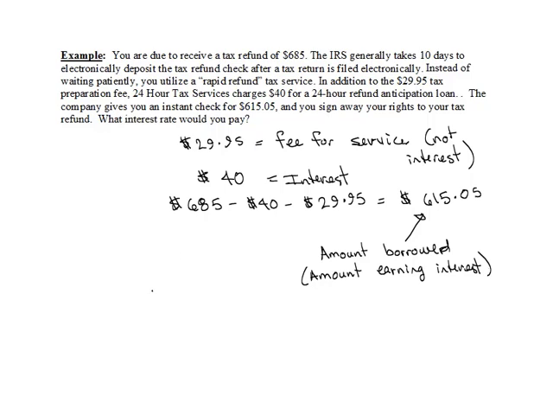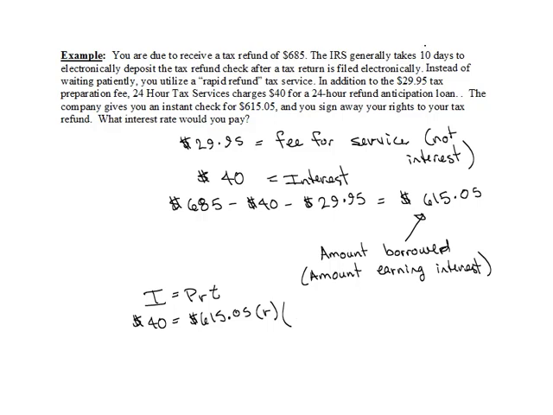Okay, so we know that our interest is equal to the principal times the rate times the time. So the interest is $40. The principal is $615.05. The rate is what we don't know, and the time. Let's see, what is our time?